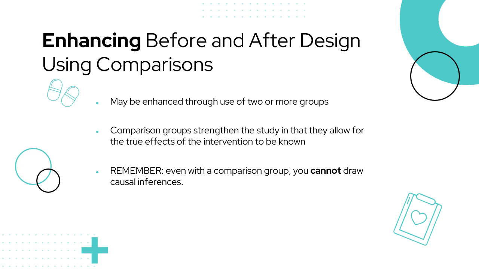I'll still potentially get the outcome that I want. However, at the end of the day, I can't say that improved scores on knowledge of hand hygiene and compliance with hand hygiene are due to the interventions I put in place. It's due to something else that I had nothing to do with. So just always remember that we can't draw causal inferences.